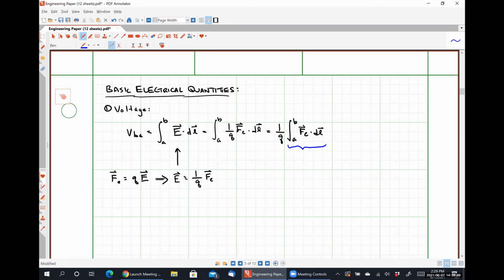Work, exactly right. So that leads us to our first definition for voltage. All this ugly equation really represents is that voltage is the amount of work required to move charge from point A to point B in a circuit.